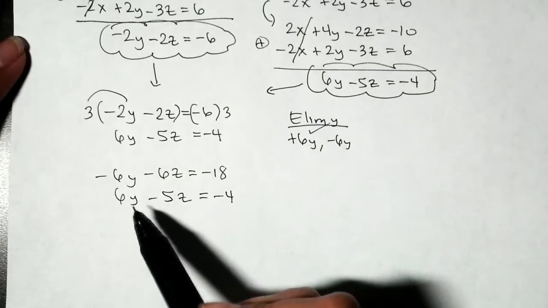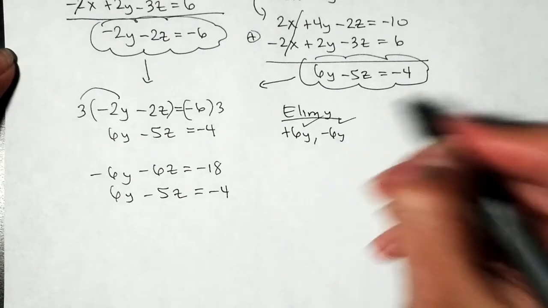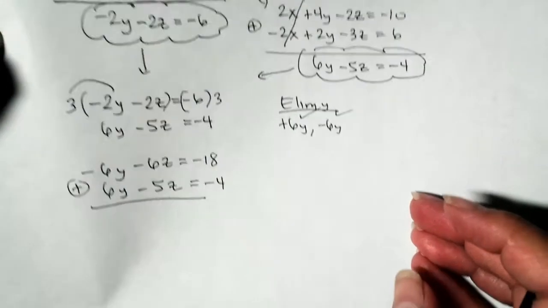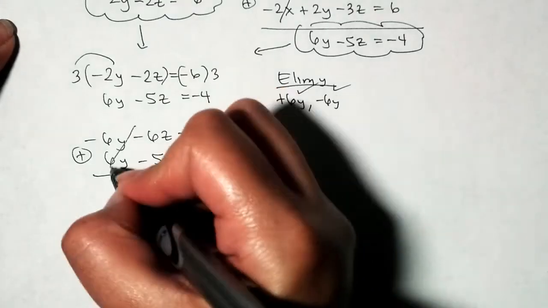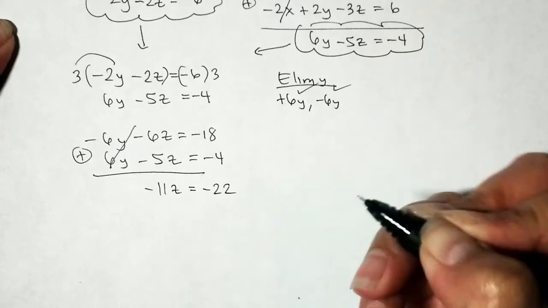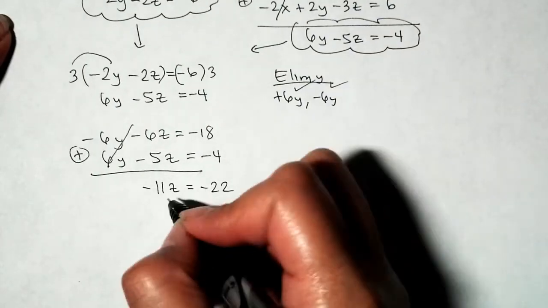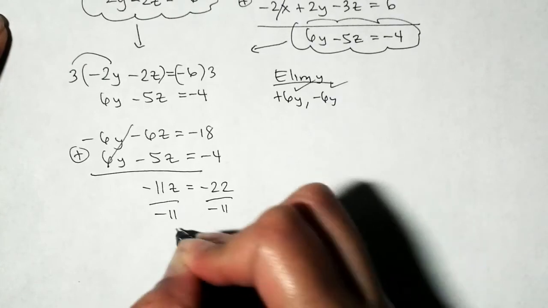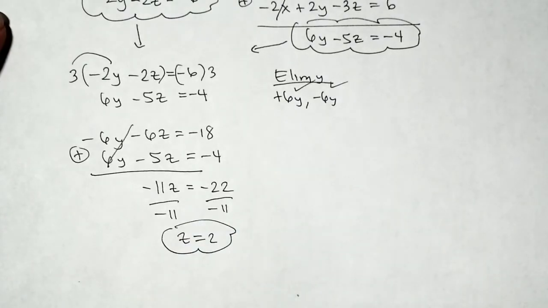Cool. So the coefficients are opposite. Let's go ahead and add these equations to eliminate the desired variable. So when we do, that will leave us with -11z is equal to -22. For the grand finale, let's go ahead and divide both sides by the coefficient, and that will give us z equals 2. Whew, I'm exhausted. Okay.